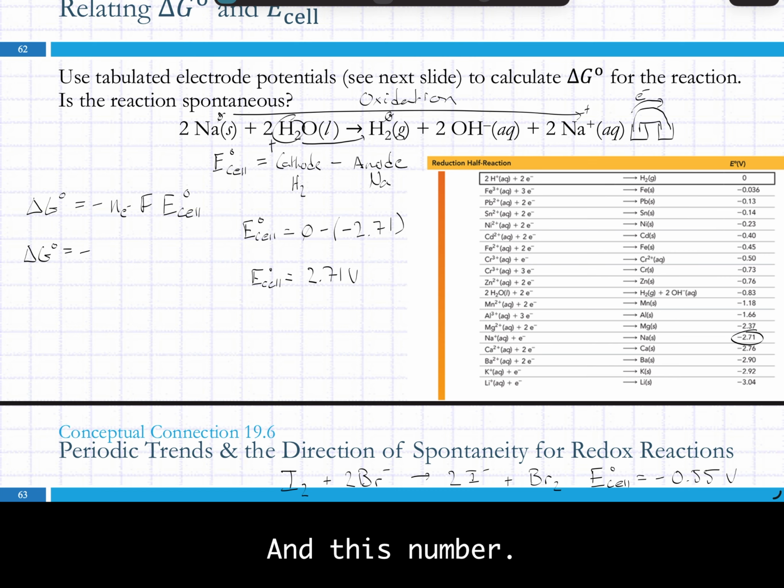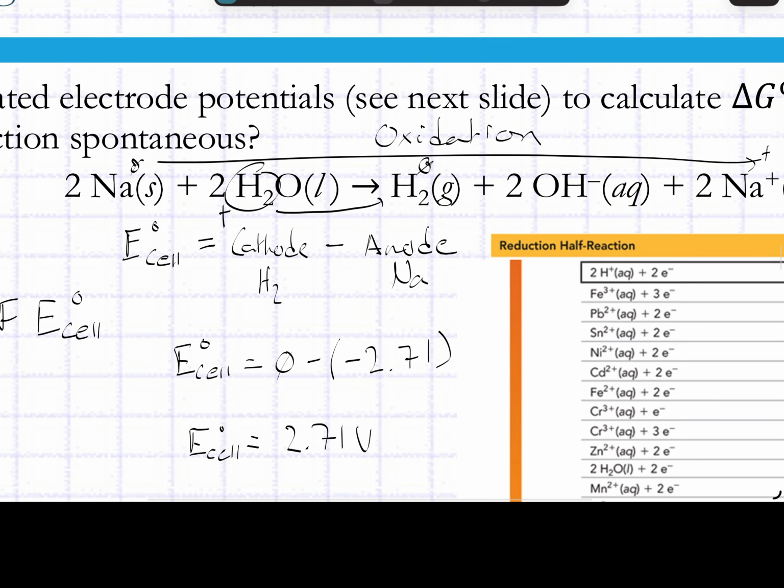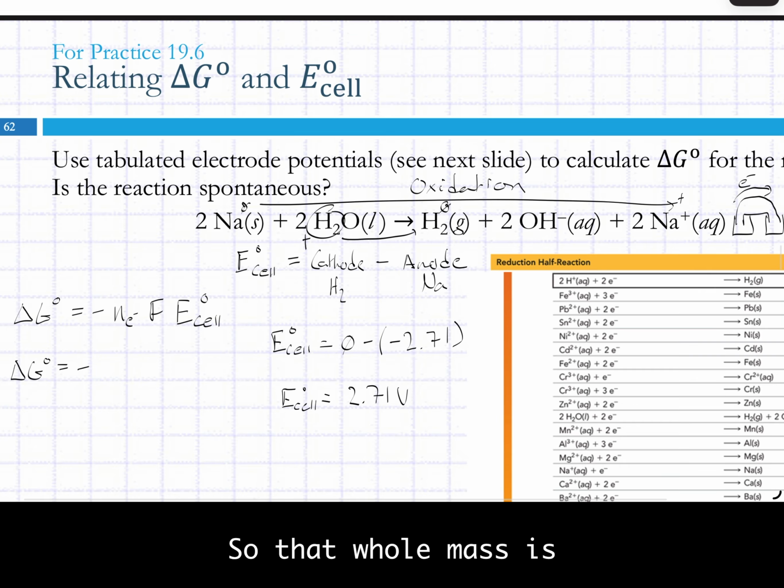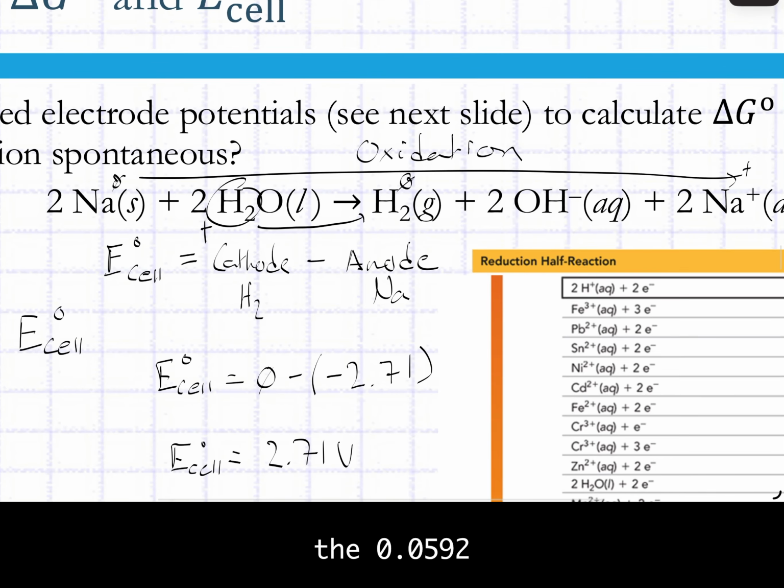And this number, 0.0592, is 8.314, which is R, times 298.15, divided by Faraday's constant, which is 96,485, and times 2.303. So that whole mess, the 0.0592, ends up being volts.